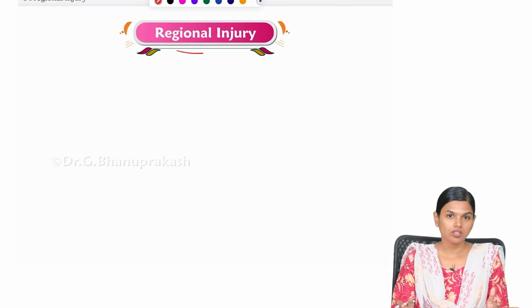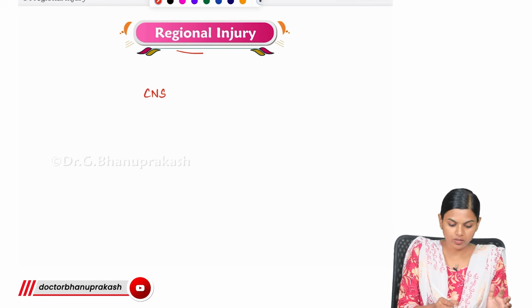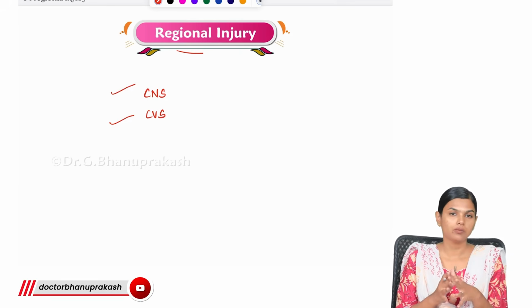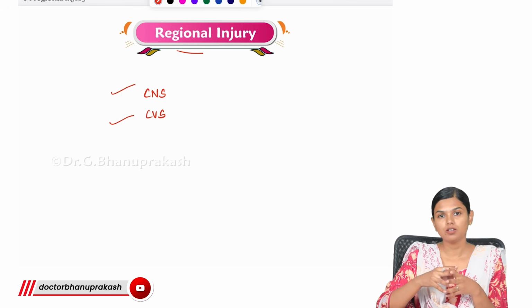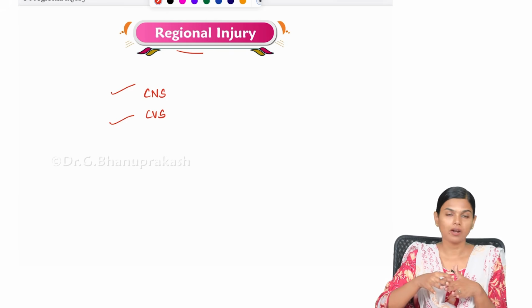In this video, we are going to see regional injury. Here we will be seeing the injuries that happen to the central nervous system and cardiovascular system. Mainly these two. These comprise the most fatal and most common injuries that we see in our day-to-day practice.